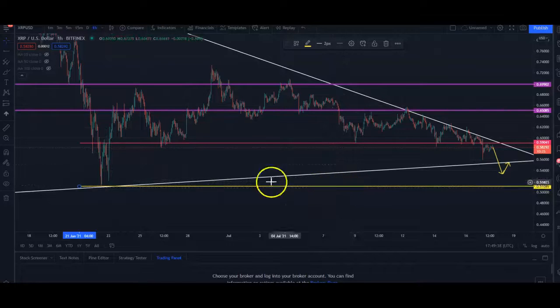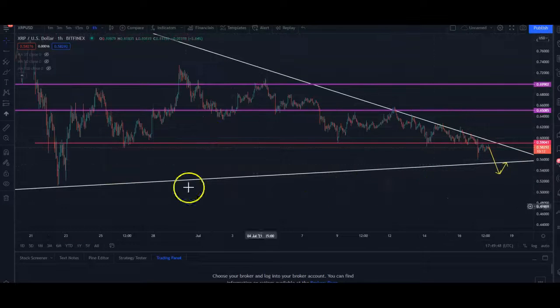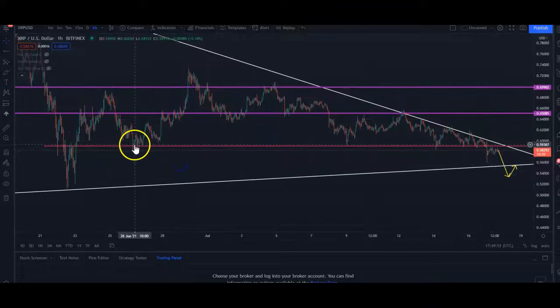Because if we get a reaction from this area here, this could potentially be a support. But as it sits right now, there's not enough information to verify or validate this area being a support, because price hasn't come down and reacted from it. But you can see here and here, see how price stayed beneath this zone, came back down, pushed back up.